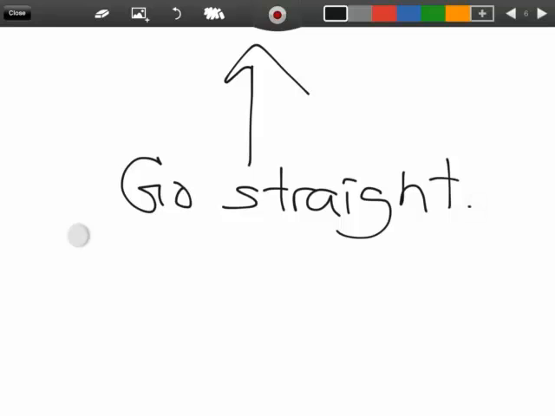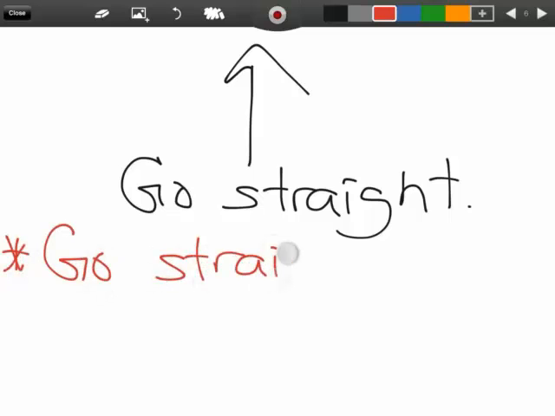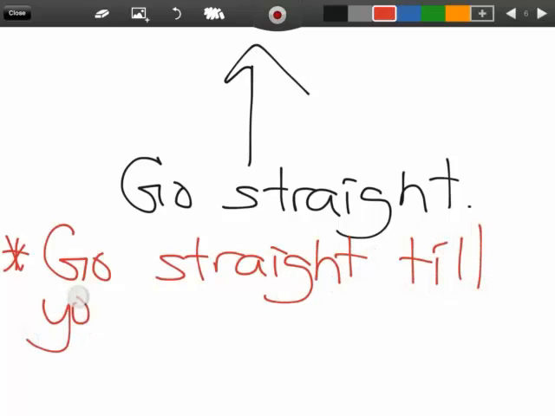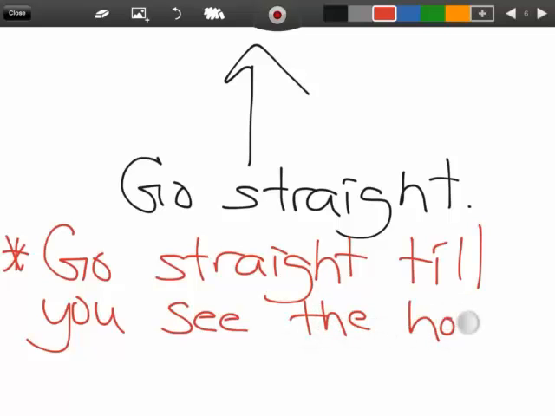And if you want to use this in a sentence, you could say go straight till you see the hospital.